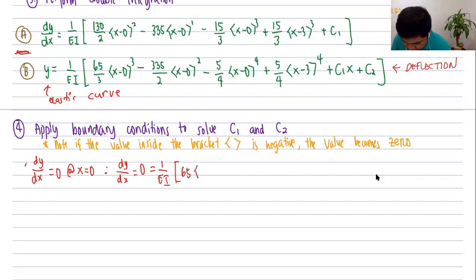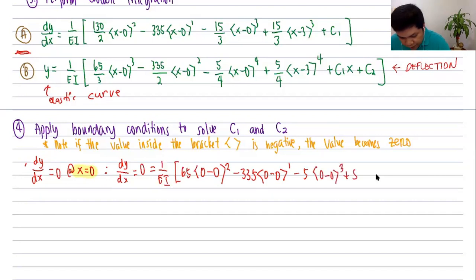I'll just substitute x equals 0: 0 minus 0 raised to 2, minus 335, 0 minus 0 raised to 1, minus 15 all over 3, that's 5, times 0 minus 0 cubed, plus 5, 0 minus 3 cubed, plus C1.